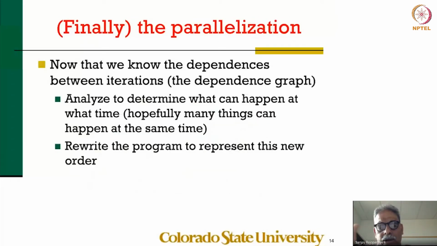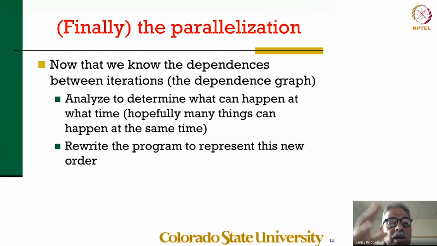Now we look at parallelization. So data flow analysis has been done, and you have figured out that you have a program in which at any point in the iteration space, I can tell you what that point depends on as a function of that point, as an affine function of that point. So I have iteration space to iteration space functions that tell me which iteration depends on which iteration.